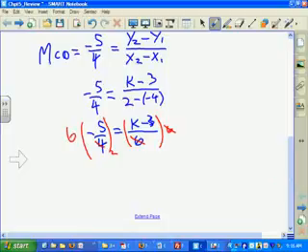6 times negative 5 is what? Negative 30? You can break it down into 3, 30, 15, 15. Right.